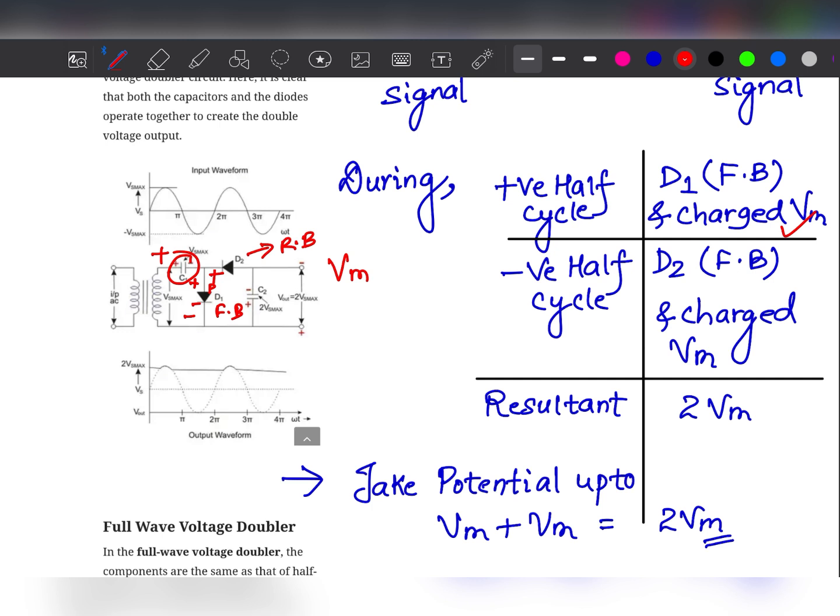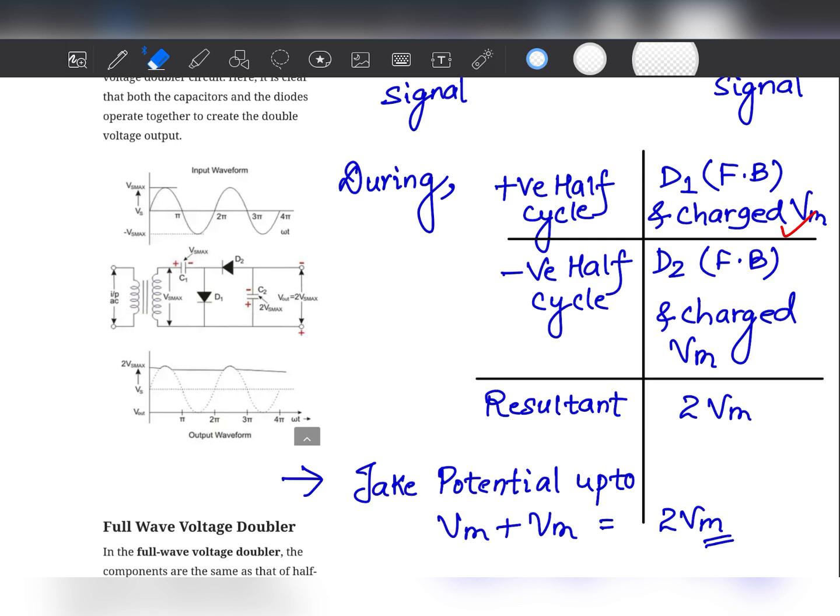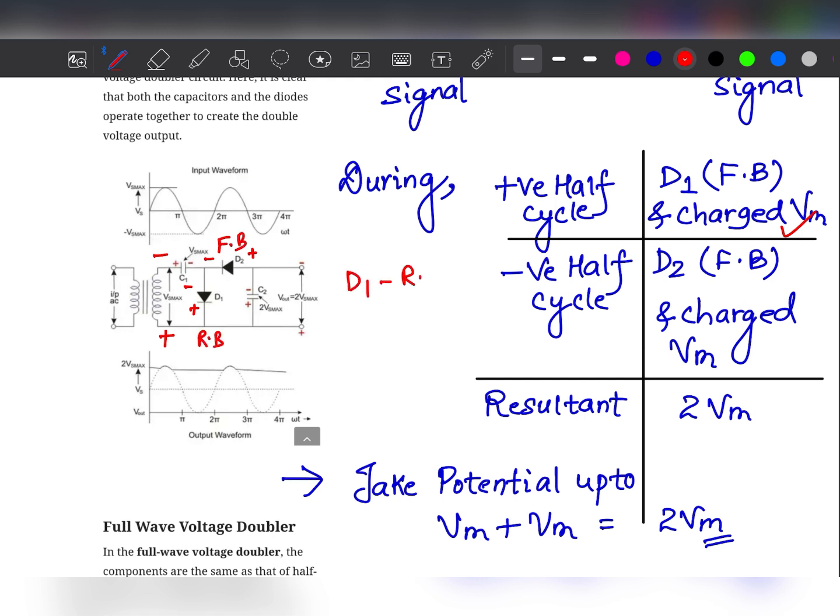For the negative half cycle, the polarity is reversed. D2 will act as forward bias now, and D1 will be reverse biased.